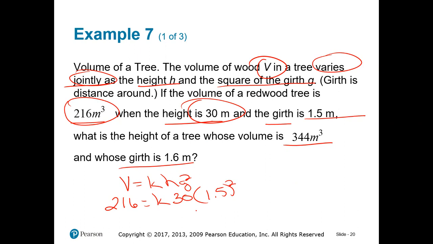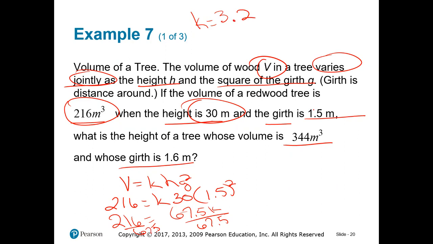So now what I would do is I would say, okay, 1.5 squared, and then times that 30, and we're going to get a decimal here. So I got 216 equals 67.5k, and then we're going to divide by that 67.5. And now I know what my k is. Let's divide that out right quick. 216 divided by 67.5 gives me 3.2. So k is 3.2. So I know my constant.